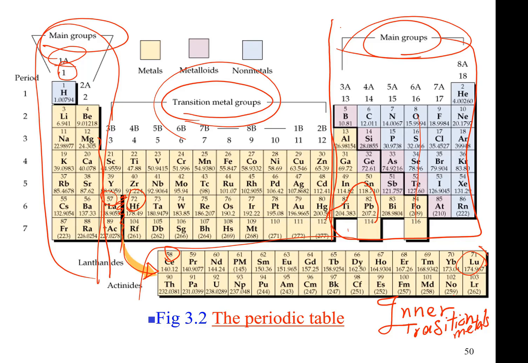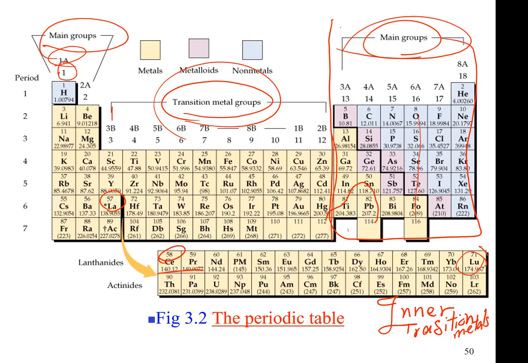So guys, pay attention. What is the element which comes before atomic number 58? Do you see 57? The name of element 57 is lanthanum. And because this whole row is coming after lanthanum, they're called lanthanides.